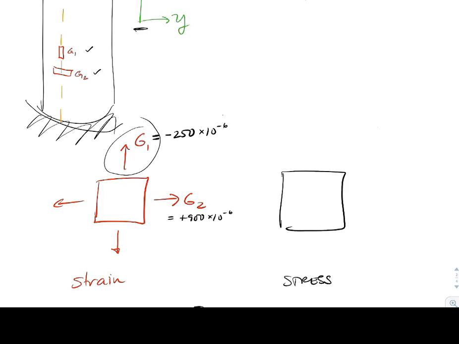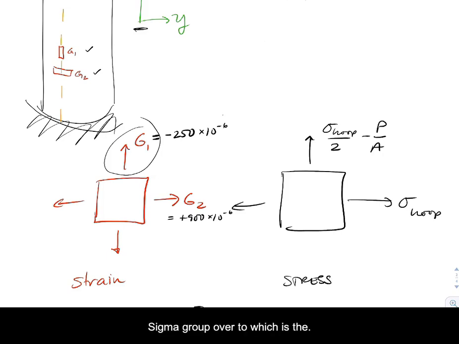Now the stress state: we have a pressure vessel and a concentric axial load. So in the hoop direction, we've got sigma hoop. In the longitudinal direction, we're going to have sigma hoop over 2, which is the sigma longitudinal. It's going to be in tension.